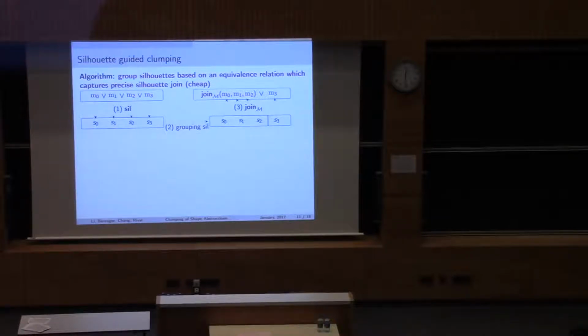Here, this grouping is based on an equivalence relation which captures precise silhouette join. Based on the grouping of silhouettes, we can get a corresponding grouping of abstract states, and then to reduce the disjunct number, we join abstract states which are in the same group.